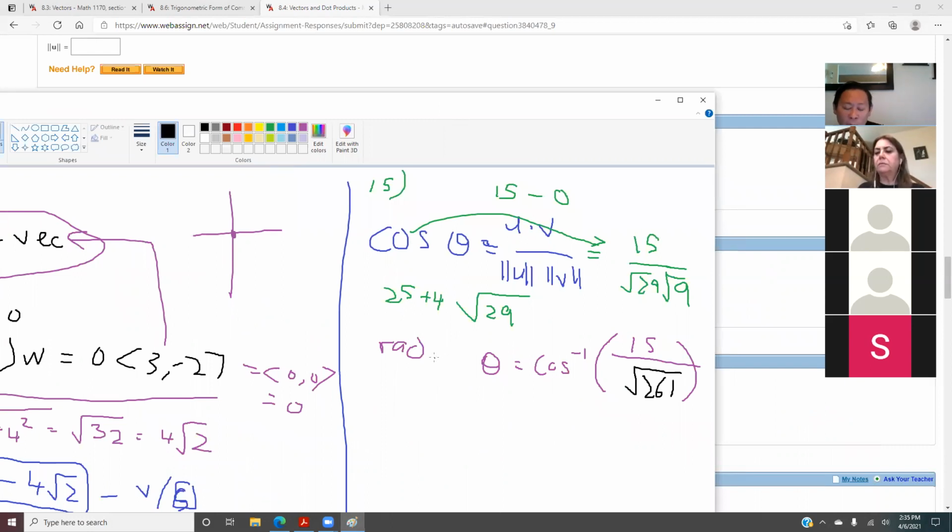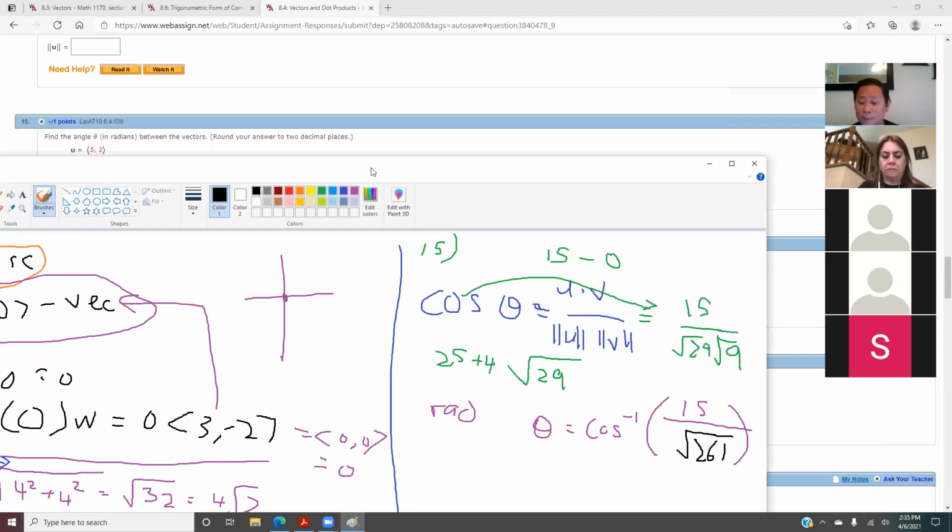Change your mode to radian. Do the arc cosine of 15 over root 261, and that will be your answer to 2 decimal places. You guys all right? Make sure your mode is in radian.